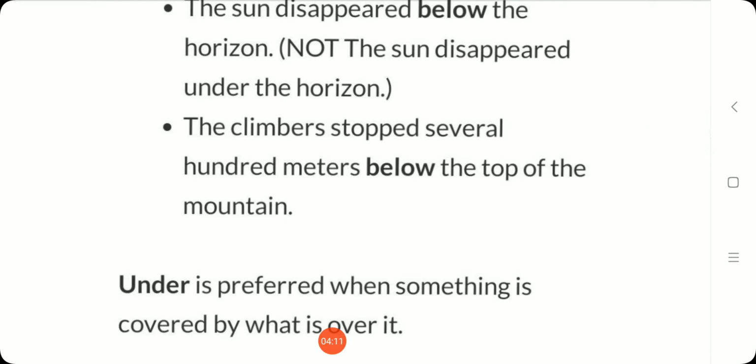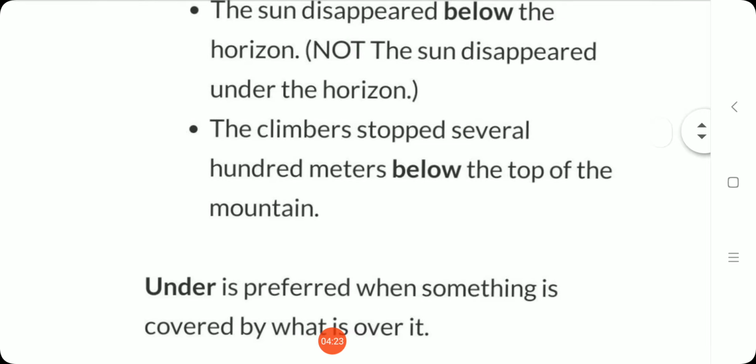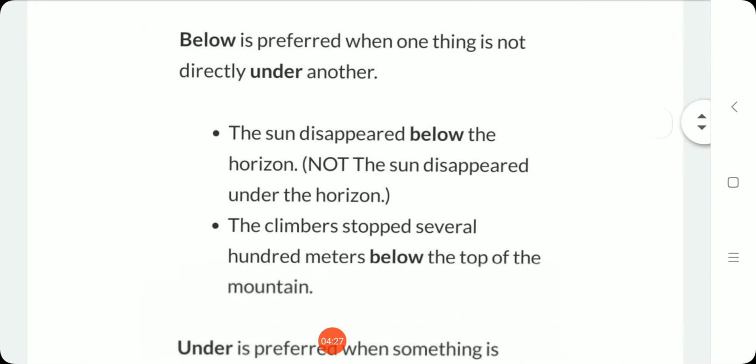The climbers stopped several hundred meters below the top of the mountain. In this place we have to use below, because below is preferred when one thing is not directly under another.